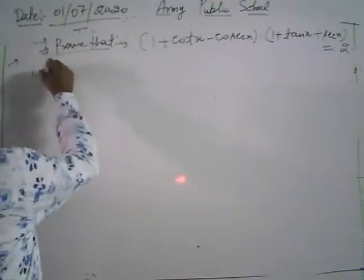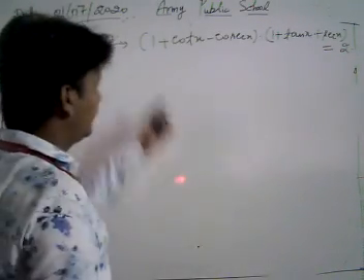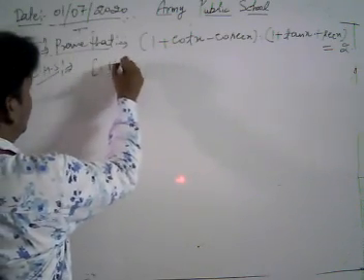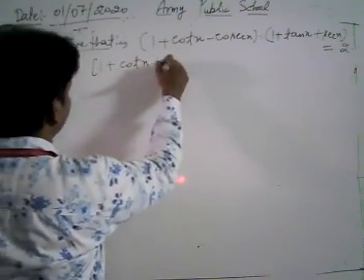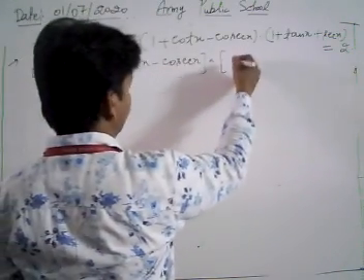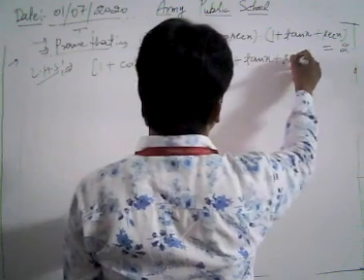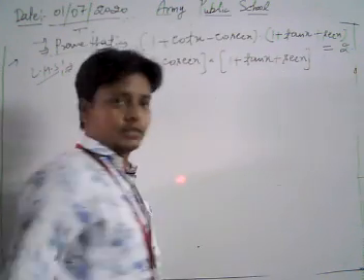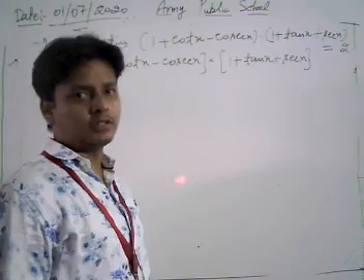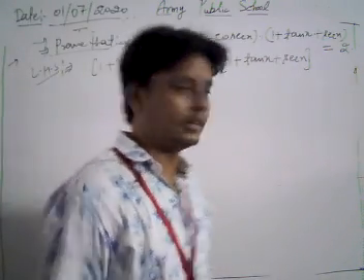Let's take the left hand side, which is (1 + cot x − cosec x)(1 + tan x + sec x). We put all the formulas of the given functions, that is cot x, cosec x, tan x and sec x.